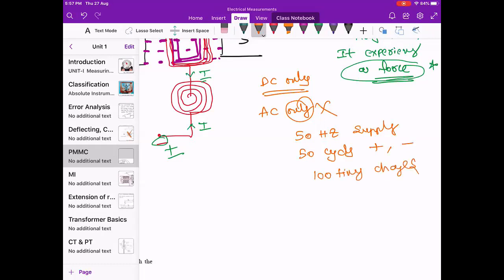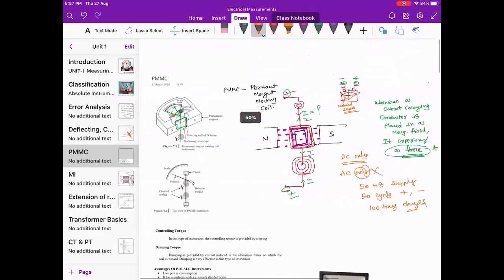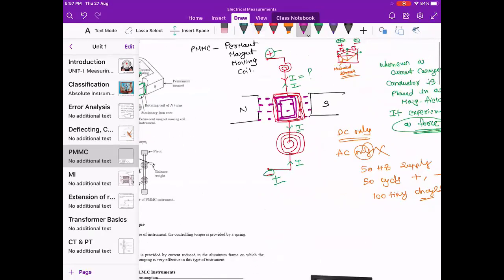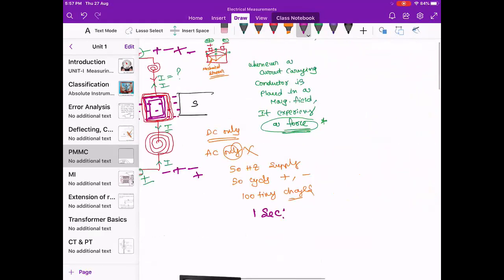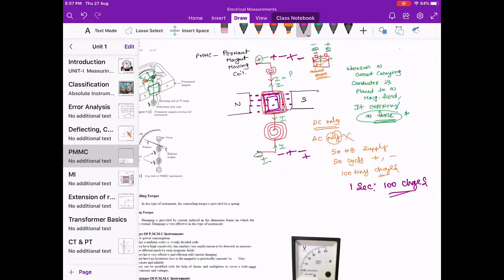What this means is that first positive will be there, then negative, negative, positive, positive, negative, and so on. In 1 second, how many changes are there? 100 changes. The meter wants to rotate, but the direction can change within a span of 0.02 seconds.